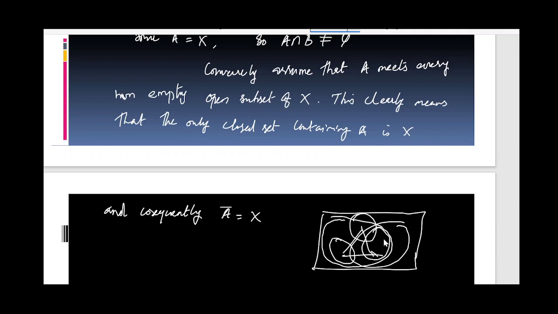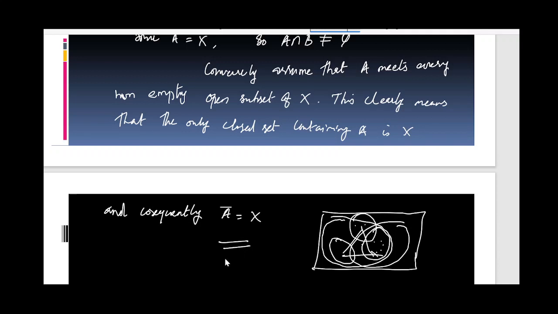Now the closed set containing A must include all these points, in all open sets. That means I will get A closure as X itself.